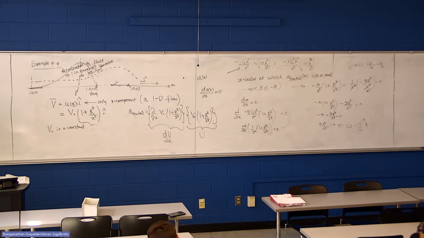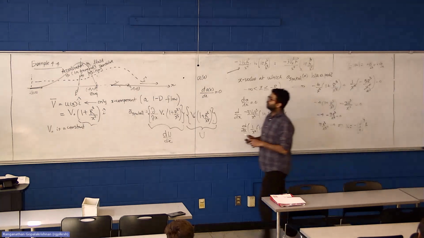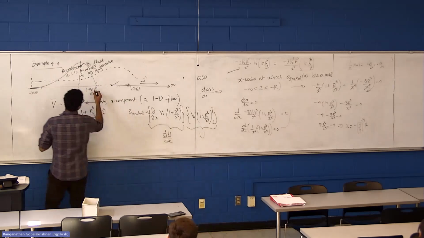Okay, don't worry about the numbers. Look up, see this. What is 7 over 4? Is it a number more than 1? Yeah, 7/4 is more than 1. So cube root of a number more than 1 is also more than 1. And then I have a minus sign and r. Now what is the significance of the point where you have minus r?